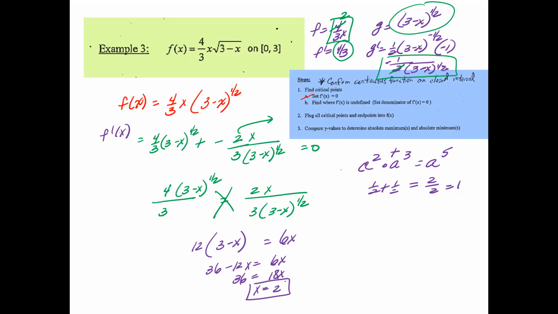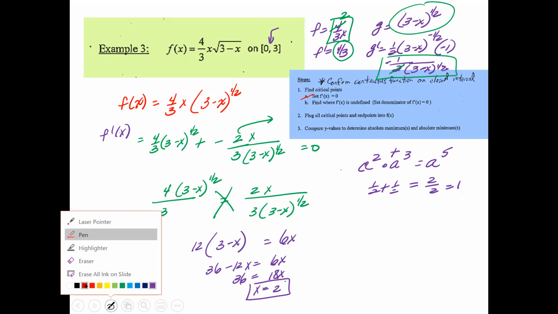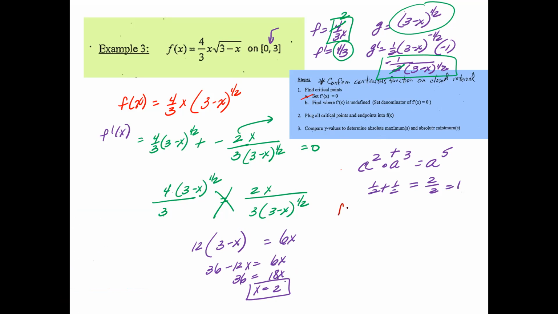And is the 2 in between the endpoints, so we don't make the mistake we did last time? Absolutely it is. So let's go ahead and check. F of 0, f of 2, f of 3. Plug that into your calculator. And you should have a 0 for 0, 0 for 3, but then you're going to get an 8 over 3 for 2.